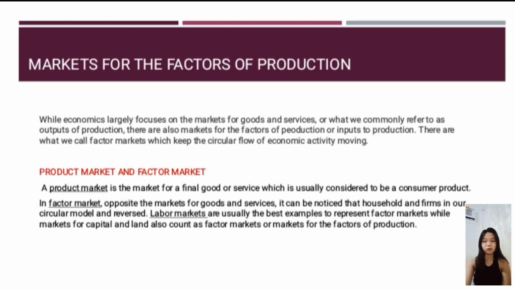It can be noticed that households and firms in our circular model are reversed. Labor market is usually the best example to represent factor markets. So factor market is all about the resources that businesses use to purchase, rent, or hire.